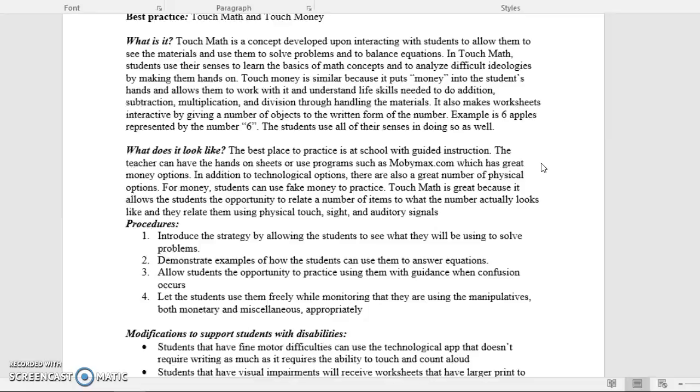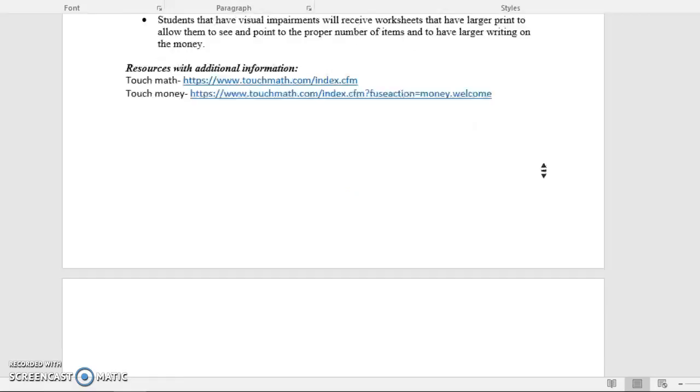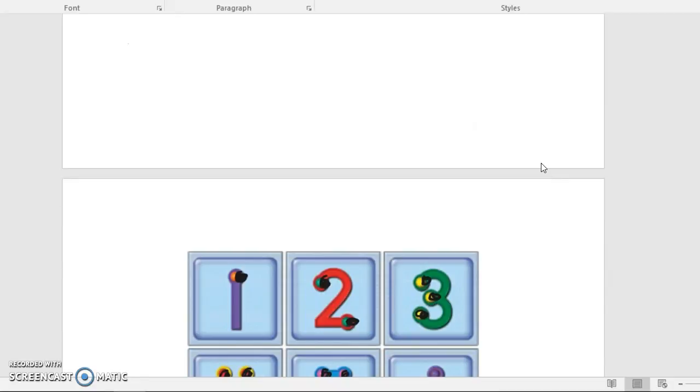And what we're going to talk about now is the procedure. So when we introduce the strategy, step 1, we are allowing the students to see what they're going to be using to solve the problems. They're going to use these worksheets, and we show how they're going to use them. So when we demonstrate examples of how students can use them, I'm going to scroll down here to our example again.